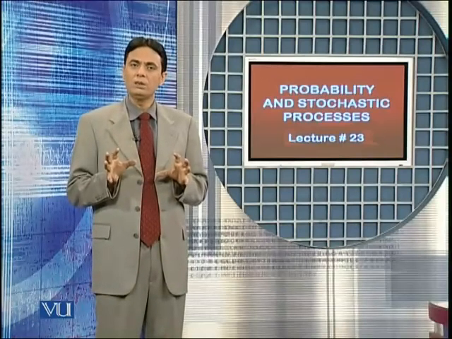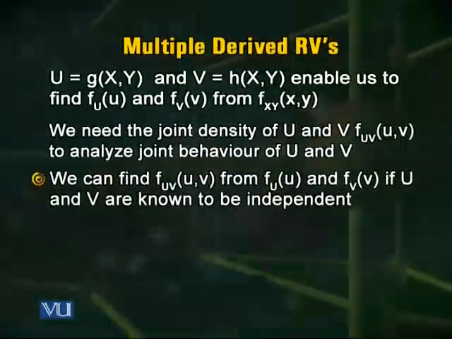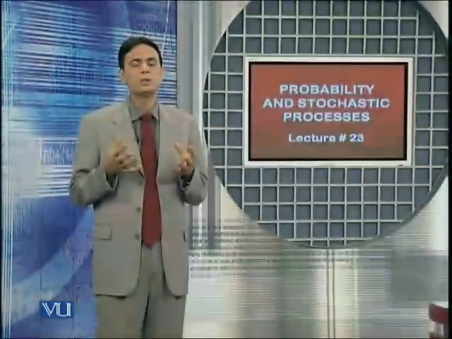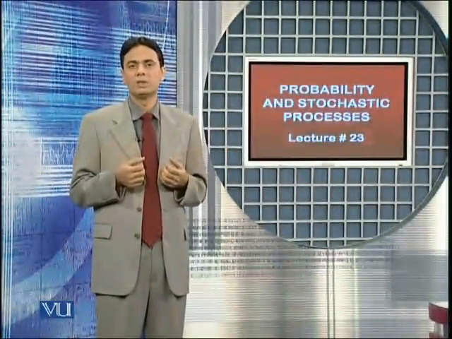But can we combine these two to form the joint PDF of u and v? The answer is yes, provided that u and v are independent of each other. If they are, then the joint PDF of u and v is simply the multiplication of the individual PDFs of u and v. But we cannot be sure that the two derived random variables are independent of each other.